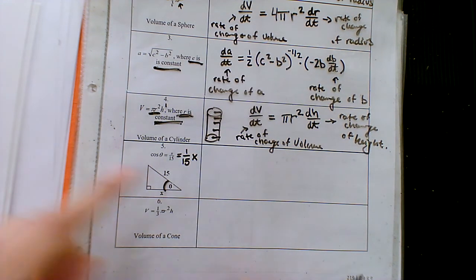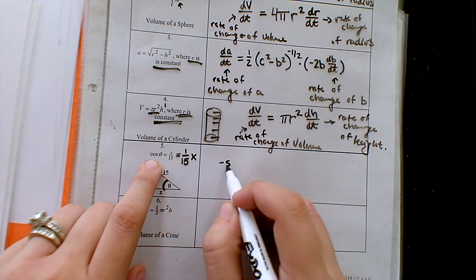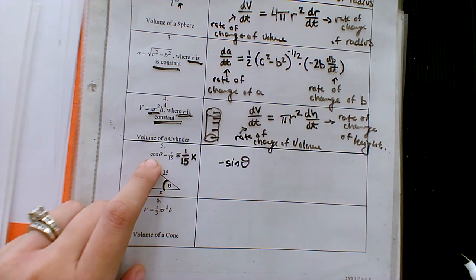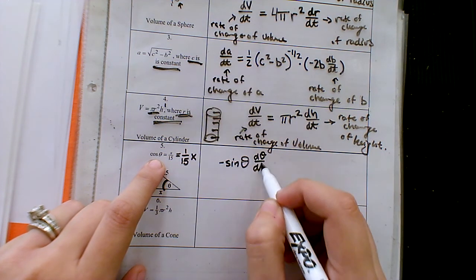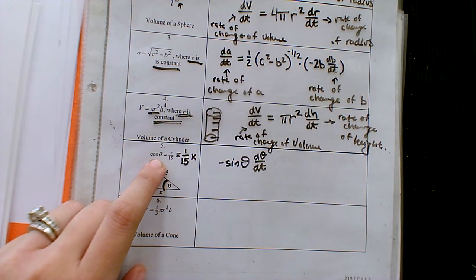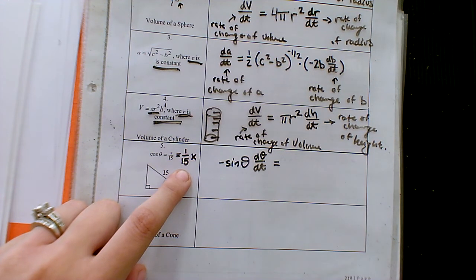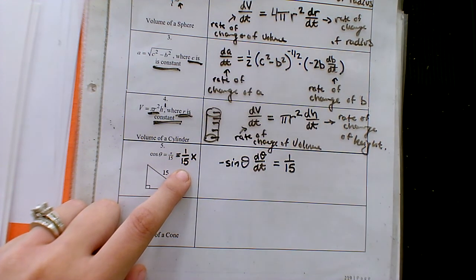So let's try to practice writing our derivative. The derivative of cosine is negative sine theta. Now, what's the variable over here? Theta. So we need a d theta over dt. Then we have to take the derivative of 1/15 x, which would just be 1/15.